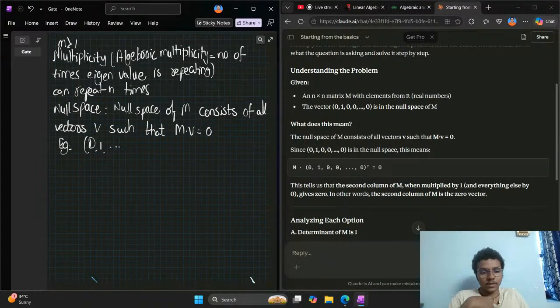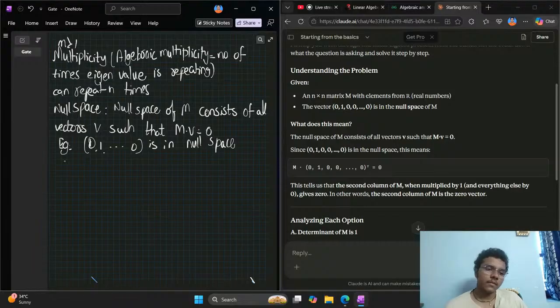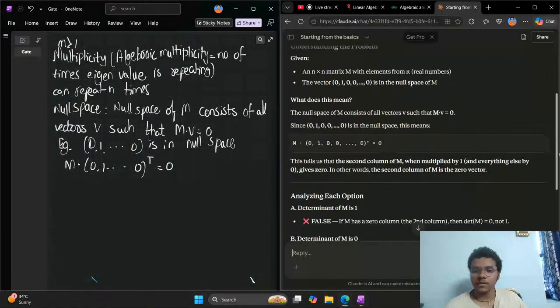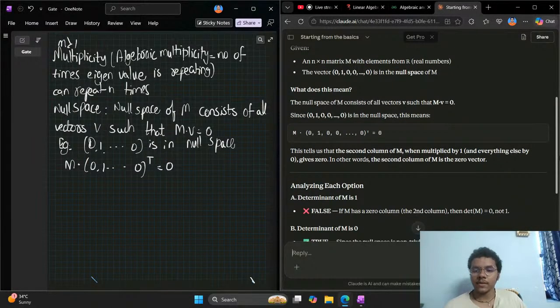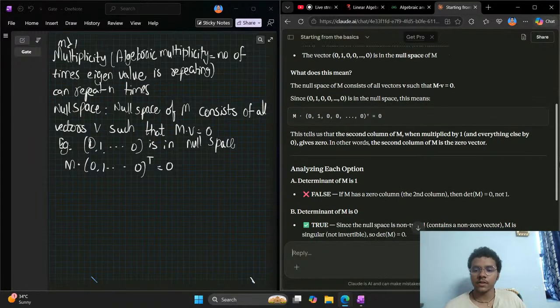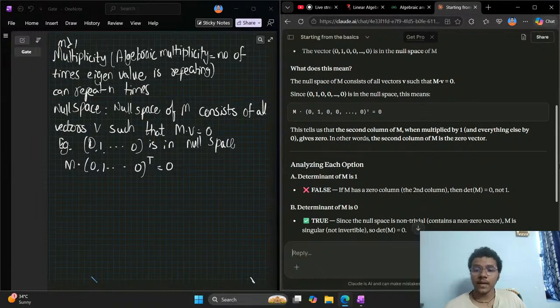Example: 0, 1 is in the null space, M times the vector 0, 1, 0 whole transpose is equal to 0. This tells us the second column of M when multiplied by 1 and everything else by 0 gives 0. The second column of M is a 0 vector.